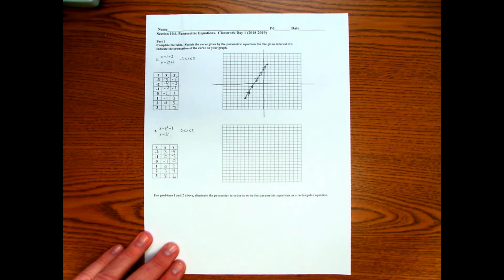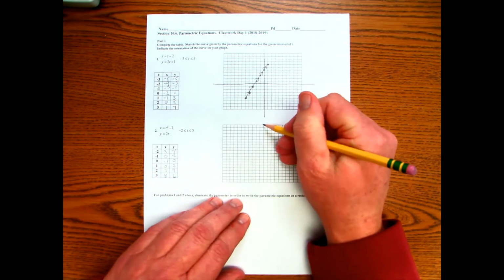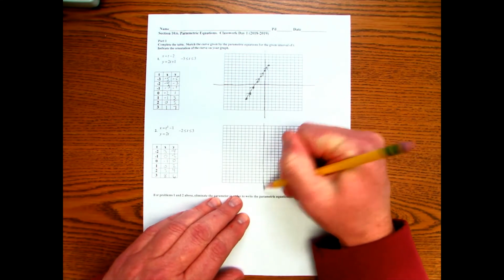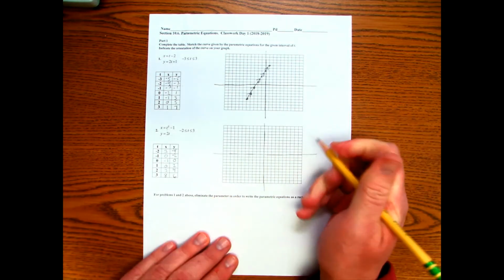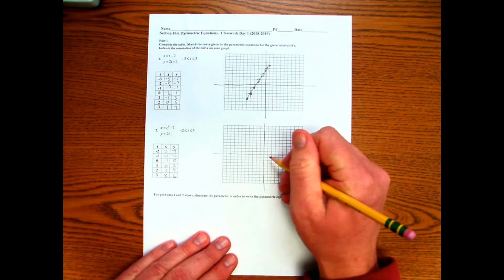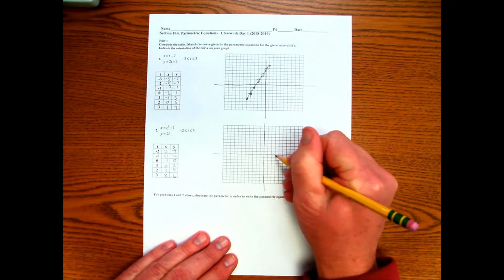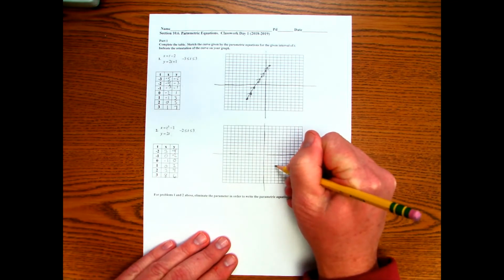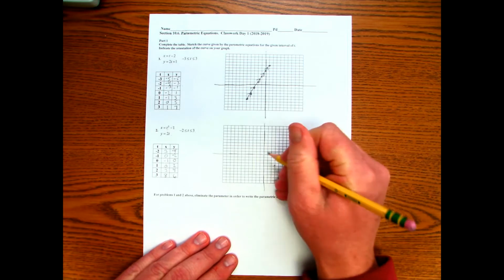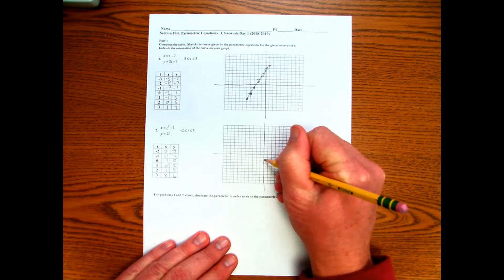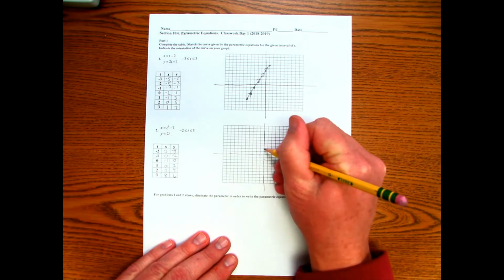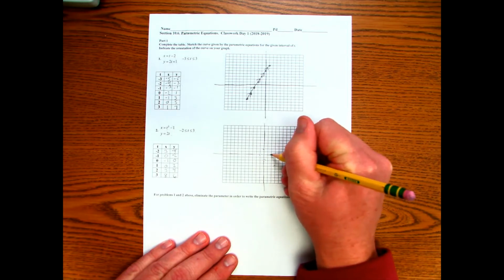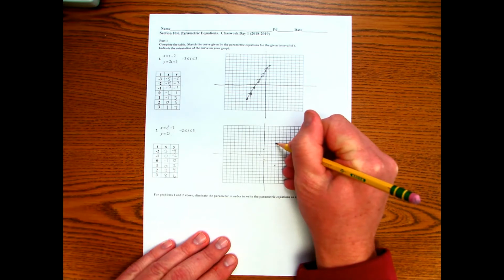And then we're going to plot those points. So 3, negative 4. 0, negative 2. Negative 1, 0. 0, 2. 3, 4.